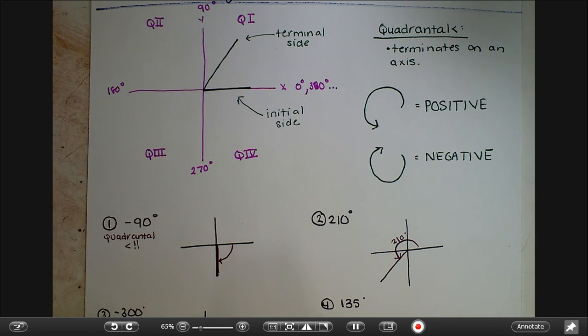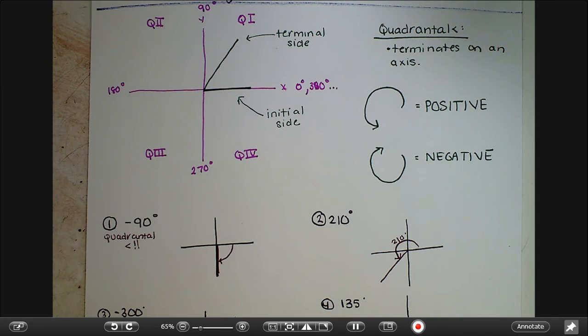Just writing down 2 more. All right, so negative 300 is going to start on the initial side, and we're going to go around 300 degrees. So 90, 180, 270, and some more.